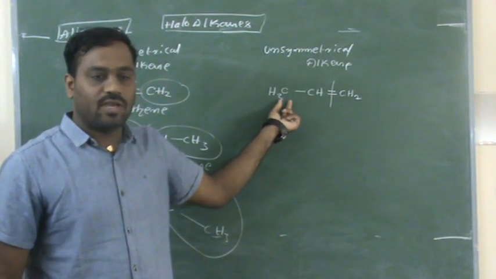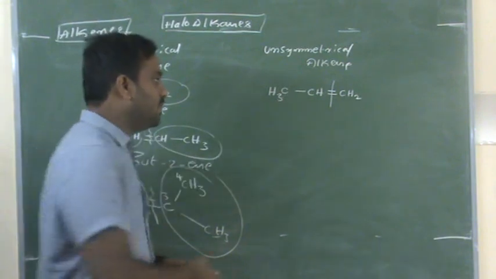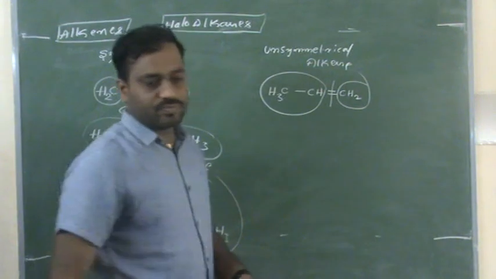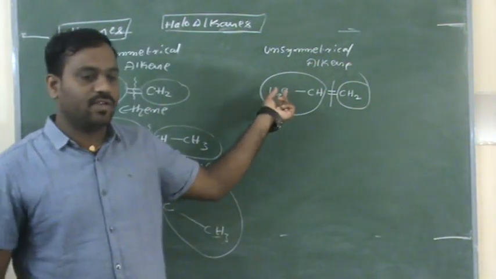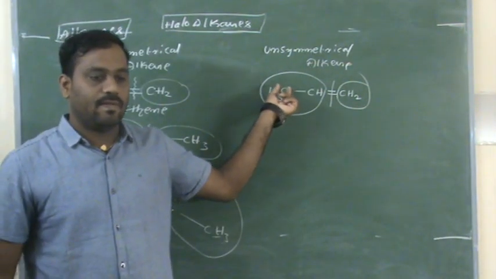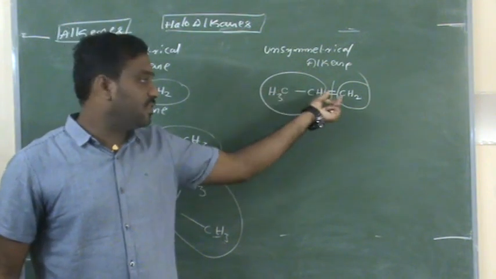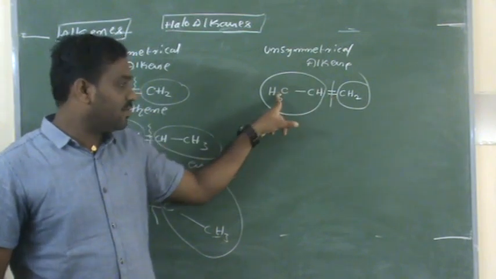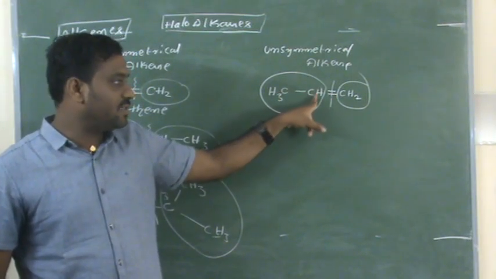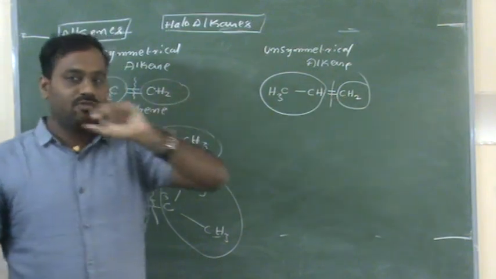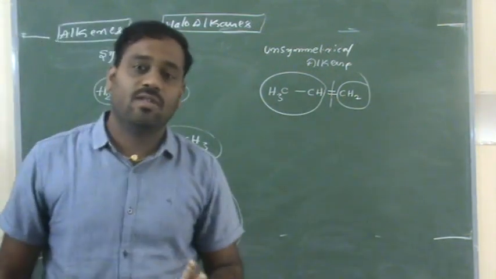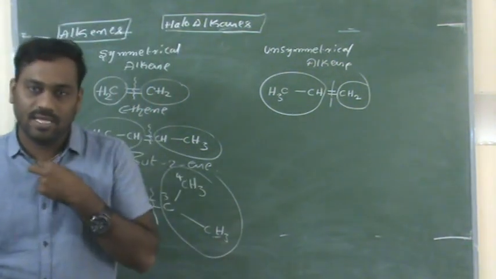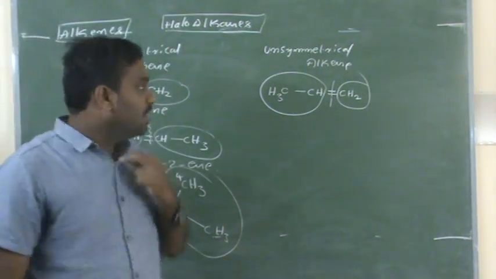This part is different and that part is different. Why? Because if we cut the double bond here, this is converted to CH3-CH and this to CH2, which means it is not divided into two equal halves. It means that it is an unsymmetrical alkene. Clear?